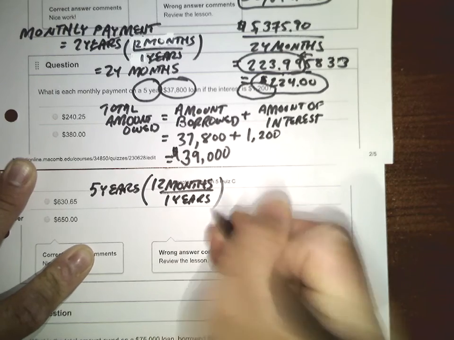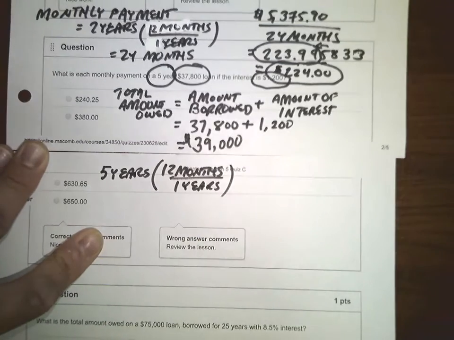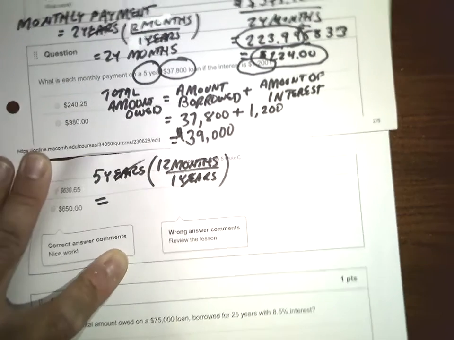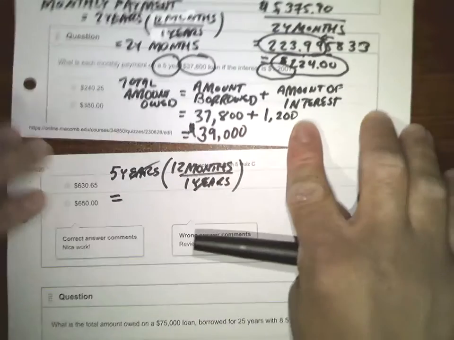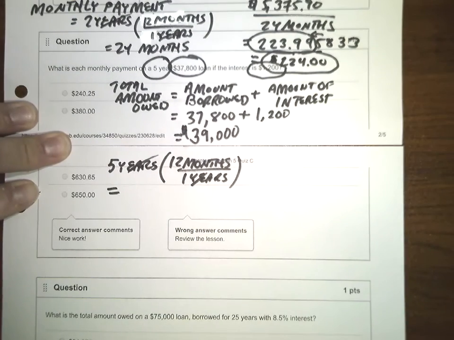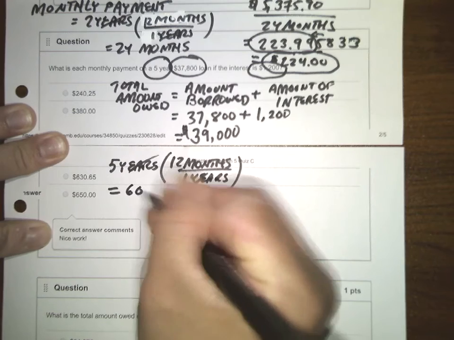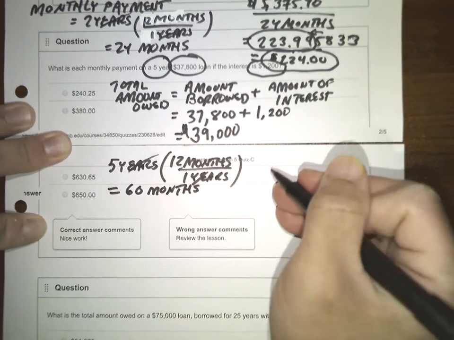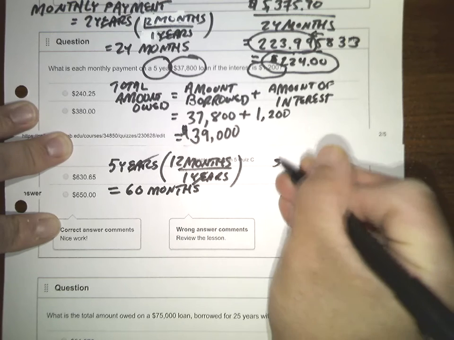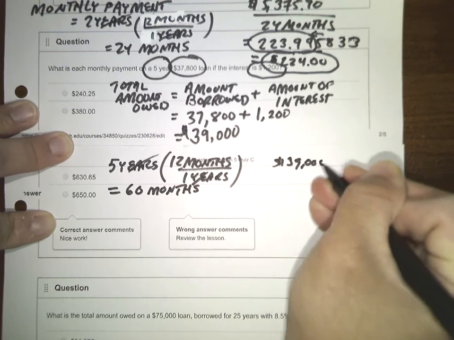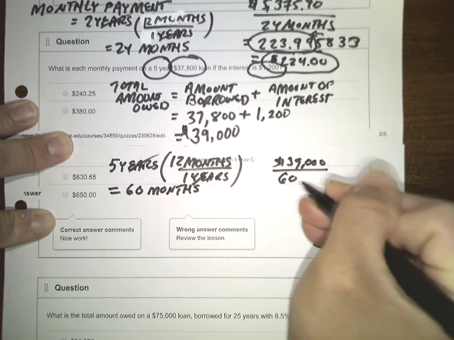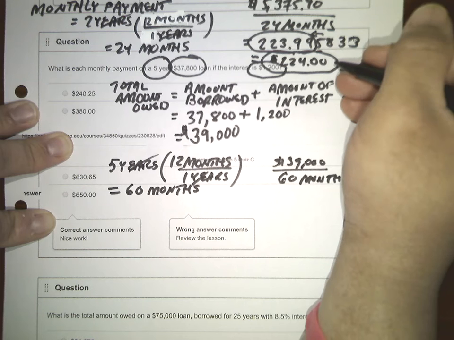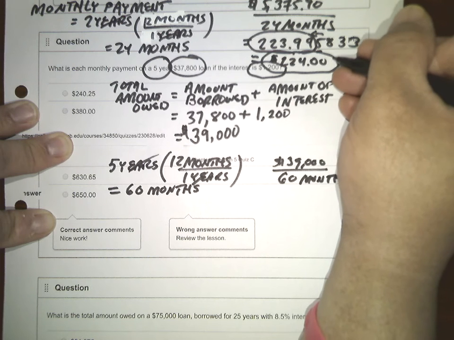So I'll write this ratio here instead of setting up a proportion, because really you just have to multiply 5 times 12. If I multiply 5 times 12, I get 60 months of payments that will need to be made. So then I really just have to take the 39,000 and divide it by 60 months, and that will tell me the amount of payment per month.